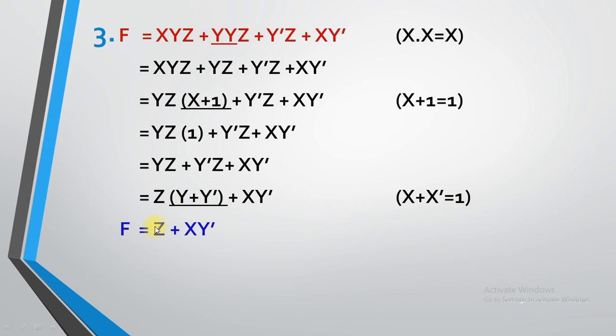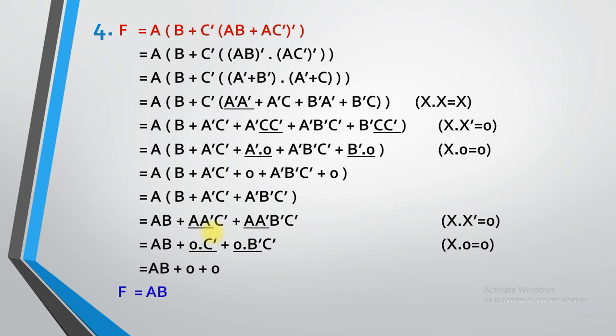So the final answer is z plus xy dash. This is the simplified Boolean function related to the given Boolean function. Now you need to draw the circuit diagram based on z plus xy dash. I hope the postulates are properly cleared, otherwise you will not be able to solve the given sum.